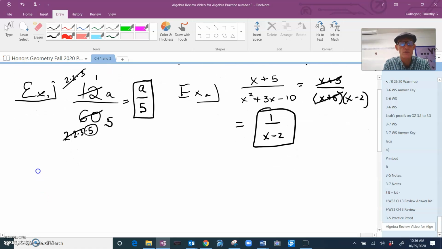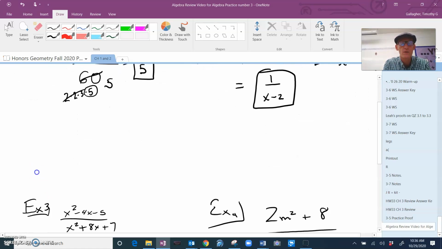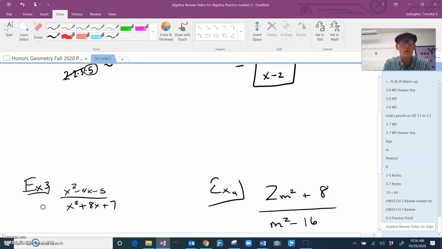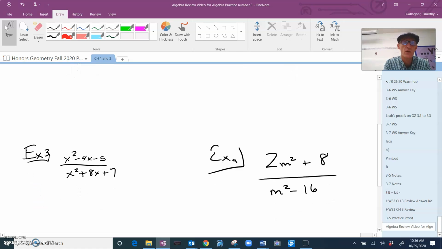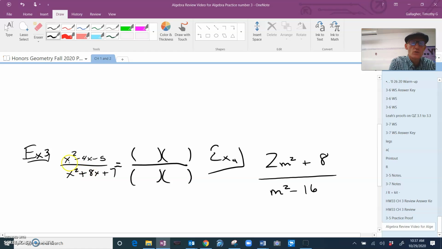All right, moving on to a little bit more of an example. Now, we look at x squared minus 4x minus 5 over x squared plus 8x plus 7, and we recognize that we have to factor this polynomial, and then we have to factor this polynomial. So this trinomial is x minus 5 times x plus 1.